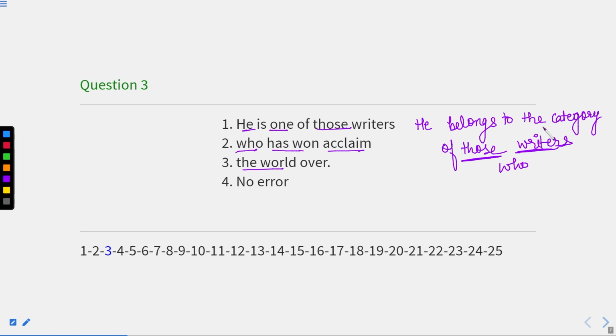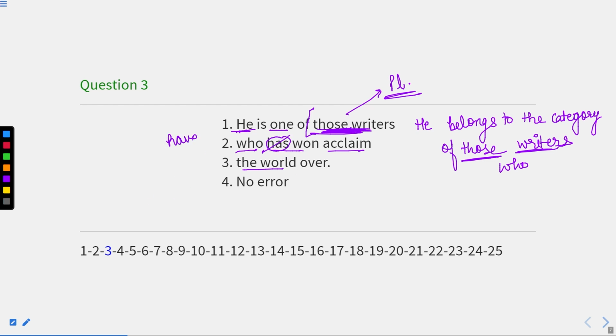Who have won, because here we are talking about those writers, we are not talking about he, and those writers are plural in form. So here the main subject is those writers, therefore "has" should be replaced with "have".